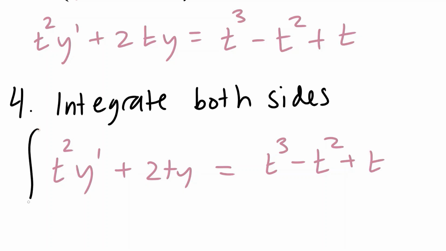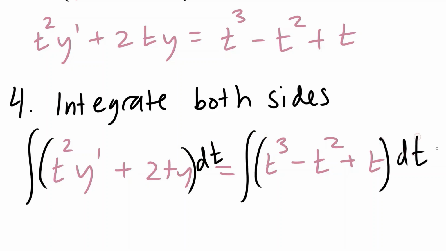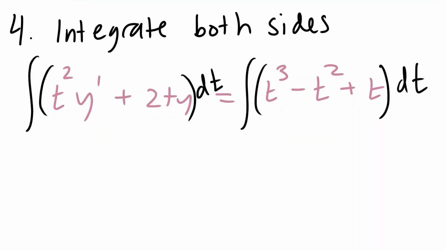And we integrate both sides, so we write our integration notation, dt and dt, and now we integrate. Okay, so let's first integrate the left-hand side.